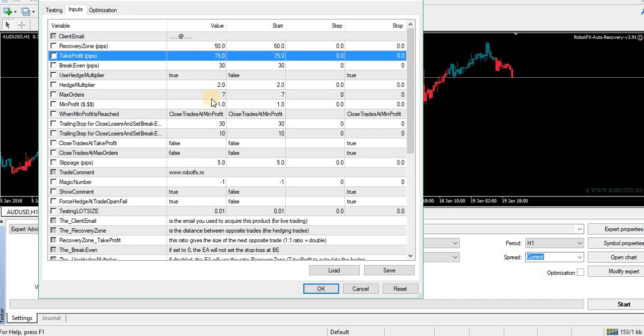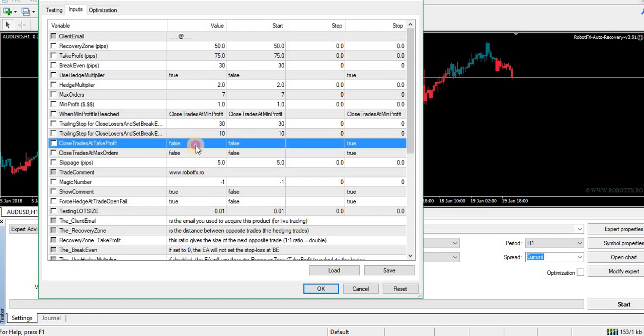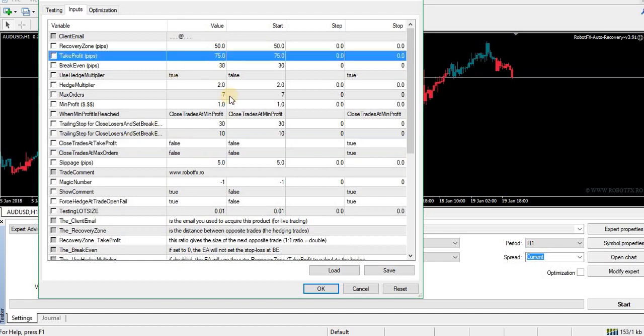Take profit is useful for two things. One thing is if you want the expert advisor to close the trade or trades at take profit, then you should obviously have a take profit.